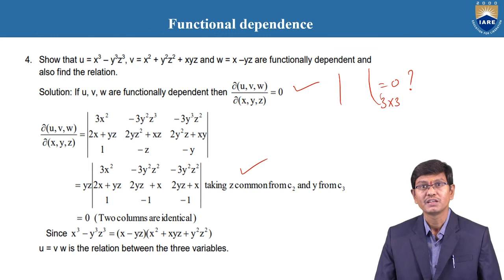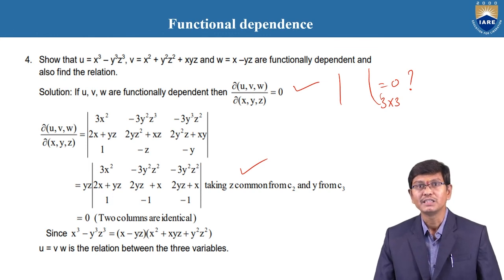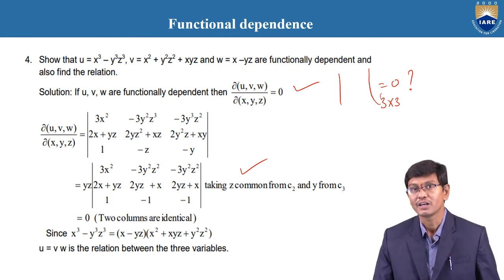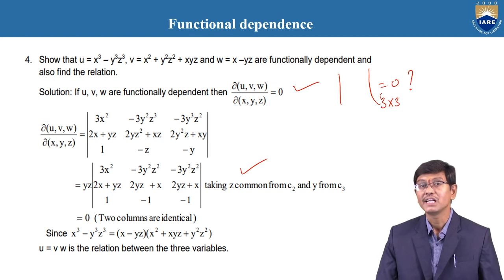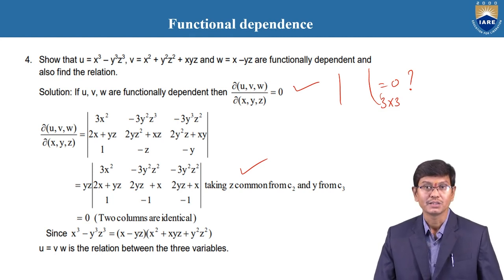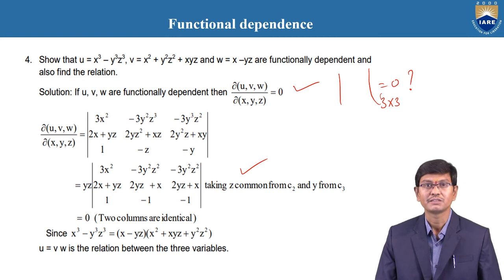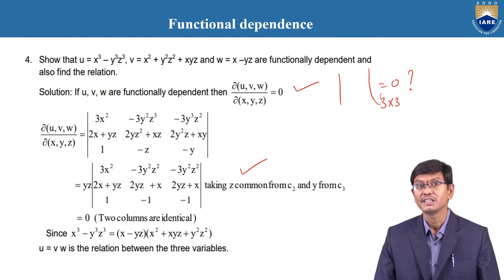While we observe here, u, that is x cube minus y cube into z cube, is clearly satisfied as v into w, where v is equal to x minus yz, and w is x square plus xyz plus y square into z square. That is the meaning here. With the help of the given functions, the relation is clearly satisfied that u is equal to v into w.